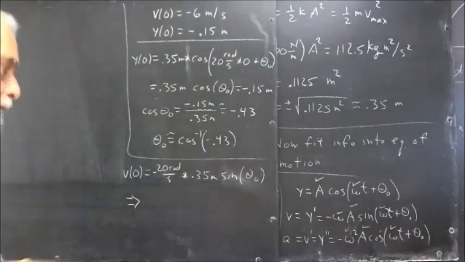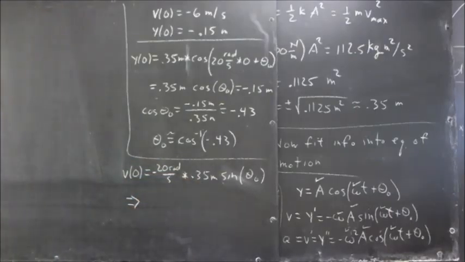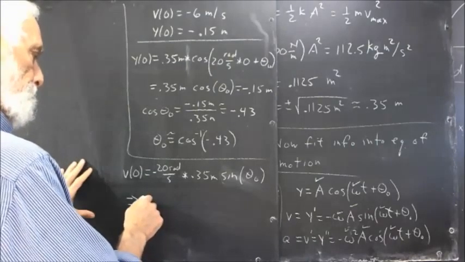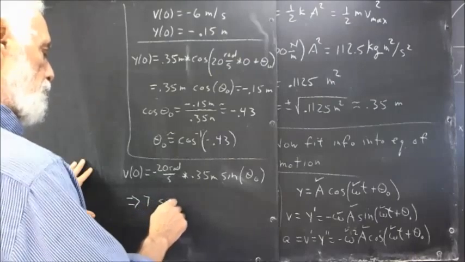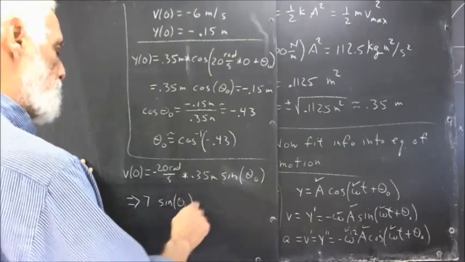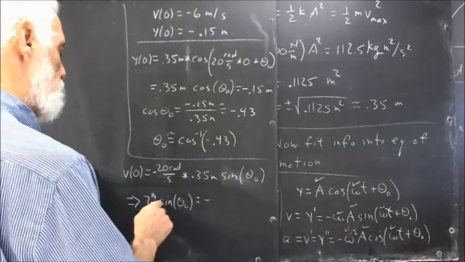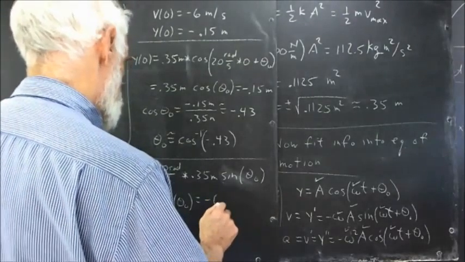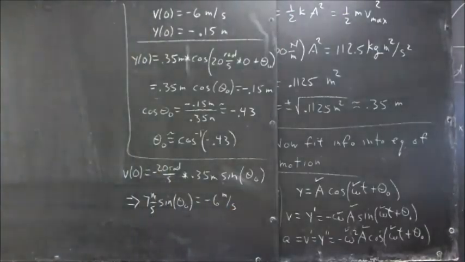You can work out the details. 20 times 0.35 is 7. So 7 meters per second times the sine of theta naught equals -6 meters per second. Okay?